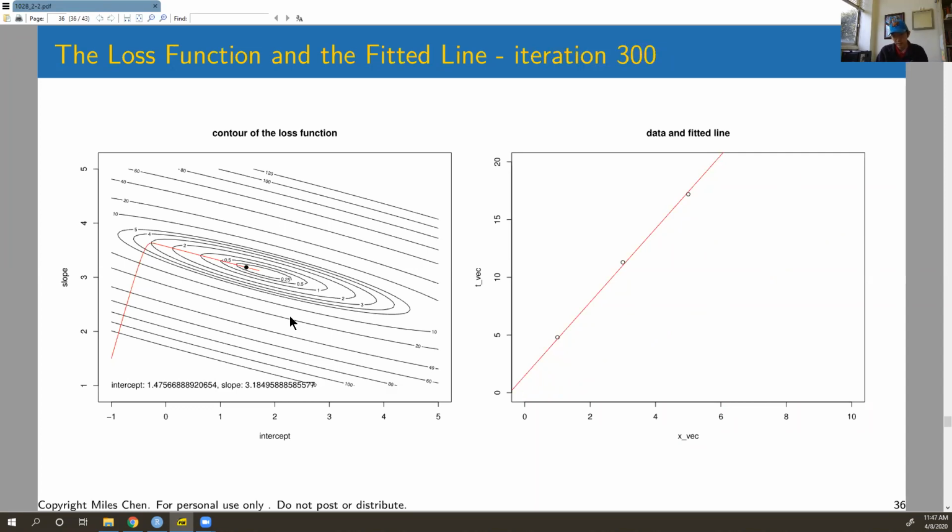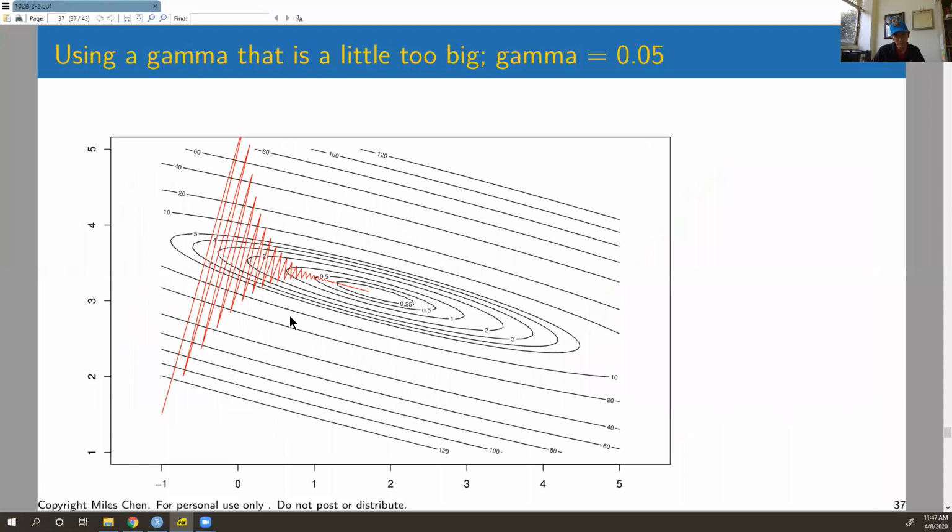Again, your choice of gamma matters. Here I've chosen a gamma that's a little bit too big, so we get this zigzag pattern, which is a little bit of a problem, but at least it gets us towards convergence here.